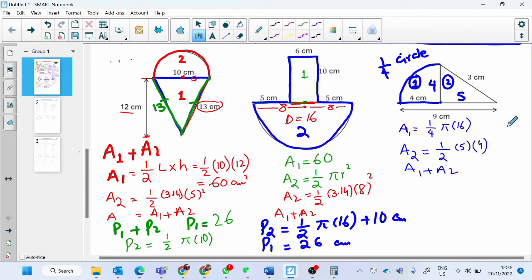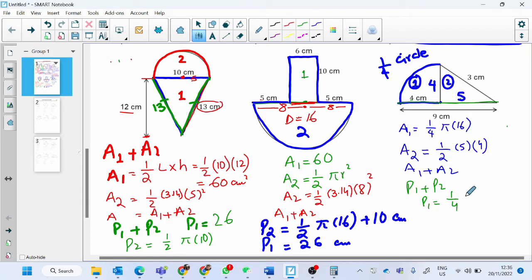So for the perimeter of the shapes, this length from this point to this point we already know is 5 plus 4. Or we can find the perimeter of both the shapes separately. So P1 plus P2. The perimeter of the first one, P1, is 1/4 of a circle.